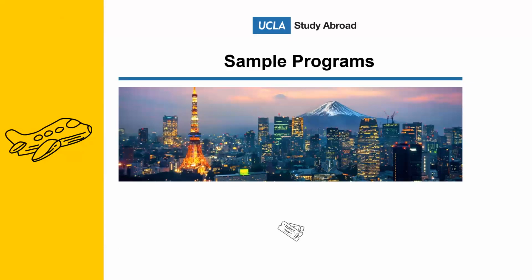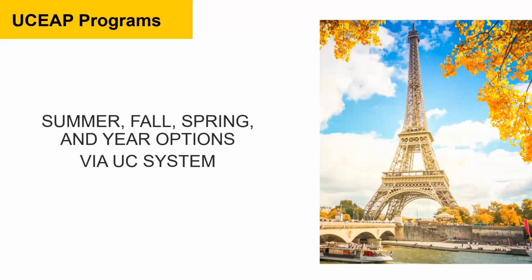So at this point, the UCLA International Education Office will show you some sample programs. I'm going to first start with UCEAP, the University of California Education Abroad Program, and there are options for summer, fall, winter, spring, or year.